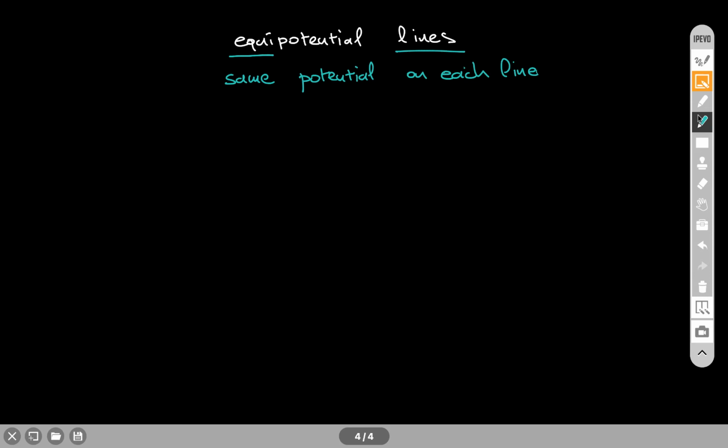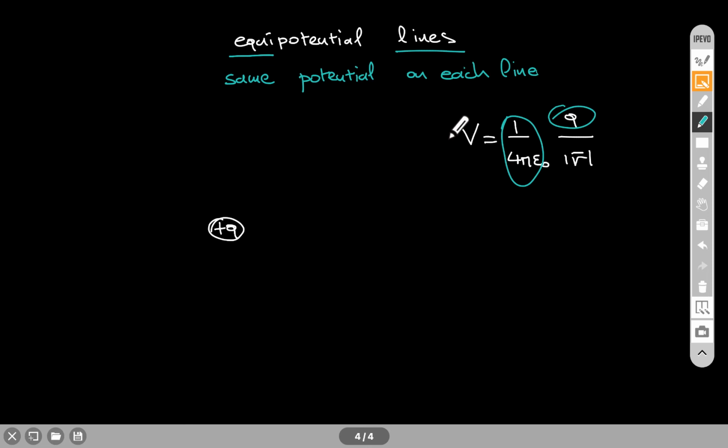I'm gonna give you an example. Let's say that I have a charge here, plus Q. Now I know that the expression for potential at a point from a single point charge is the constant k times Q over R, where R is the distance. If I'm dealing with the same point charge, then Q stays constant.